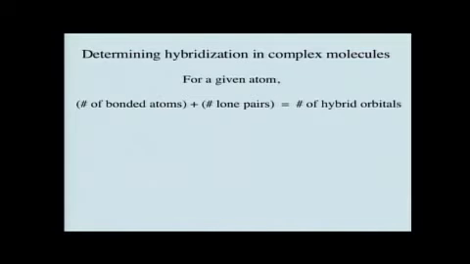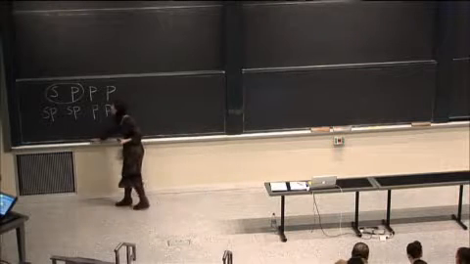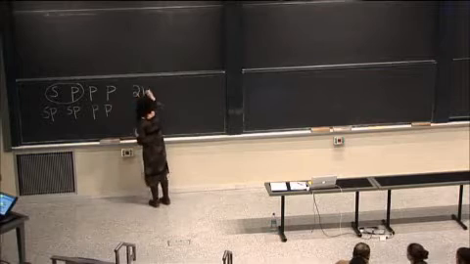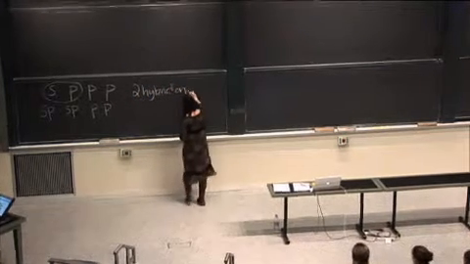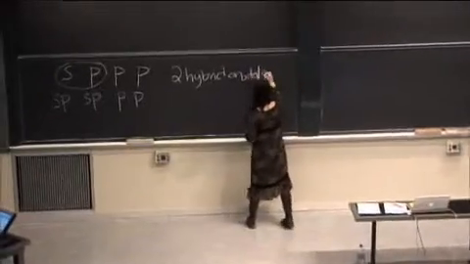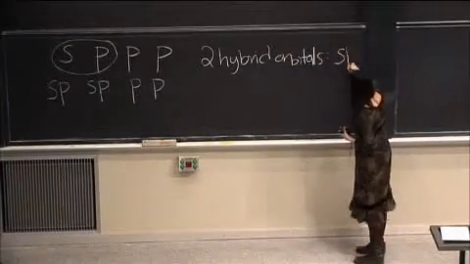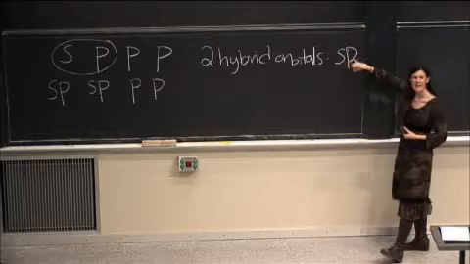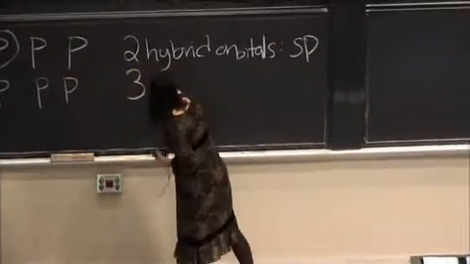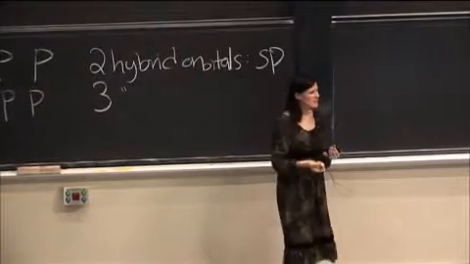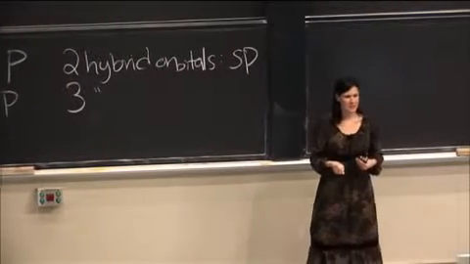And what we just said is that anytime we need 2 hybrid orbitals, we know that the hybridization of that atom is going to be sp, because it's made up of one s and one p orbital. So let's say we need 3 hybrid orbitals. What is the hybridization of our atom in this case?